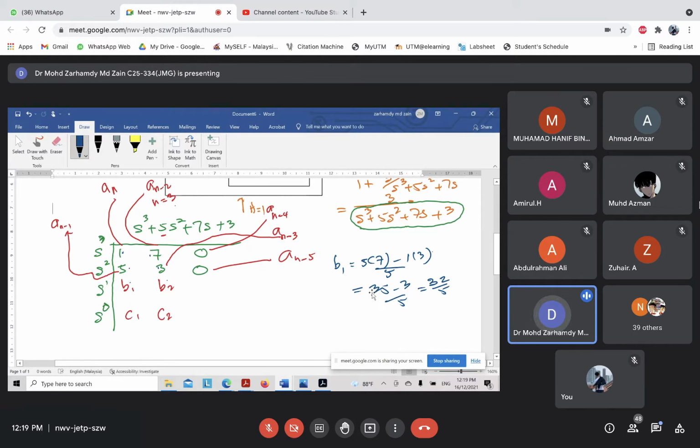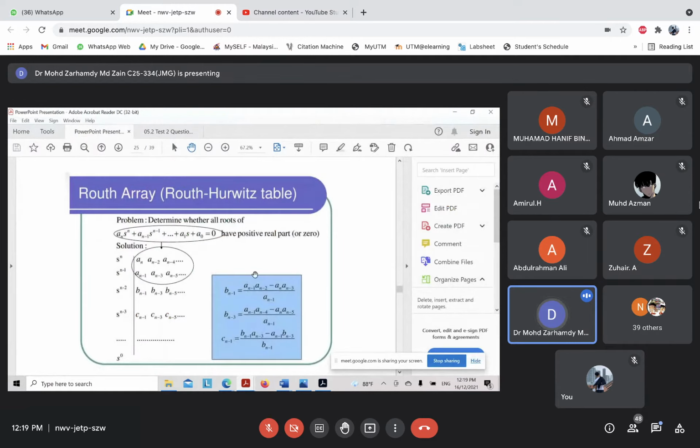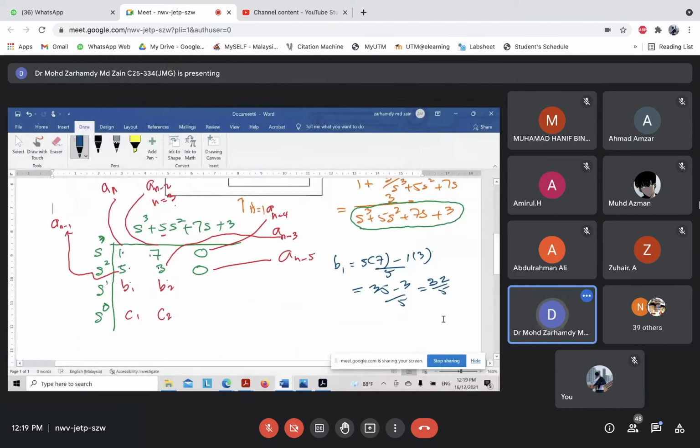Where does the formula come from? It is the same as in the slide from the last lecture, I will share this slide with you. Now we have B1 and we are looking for the value of B2.